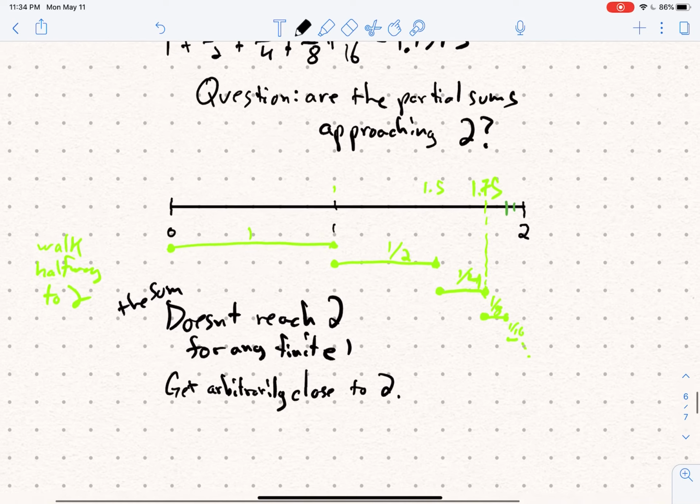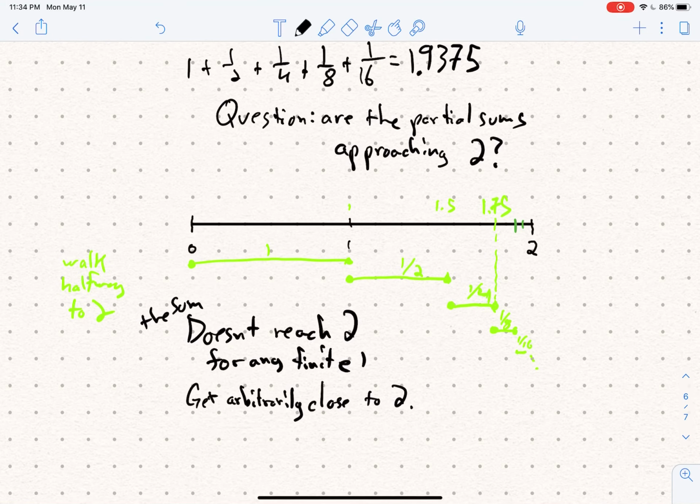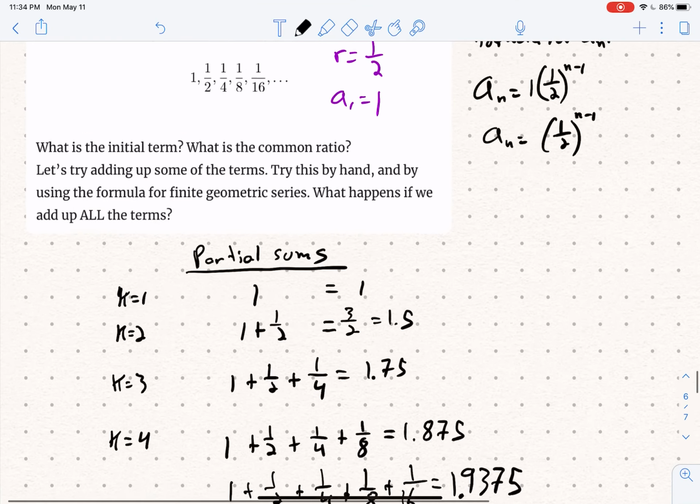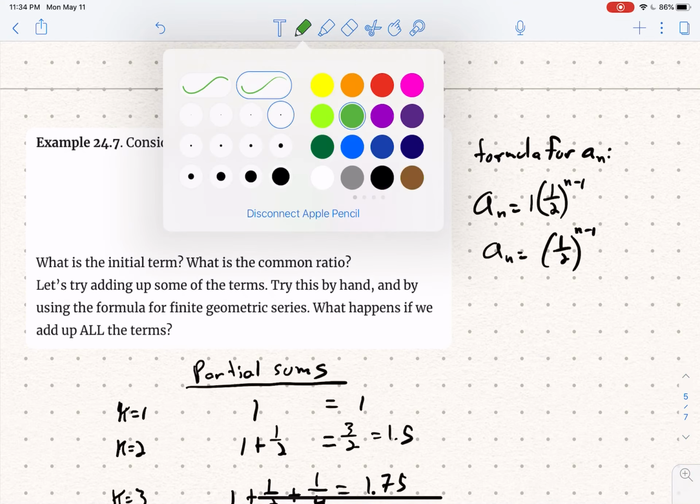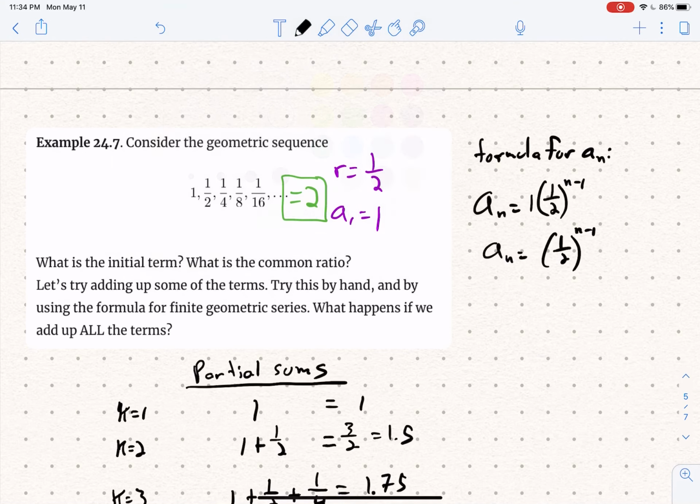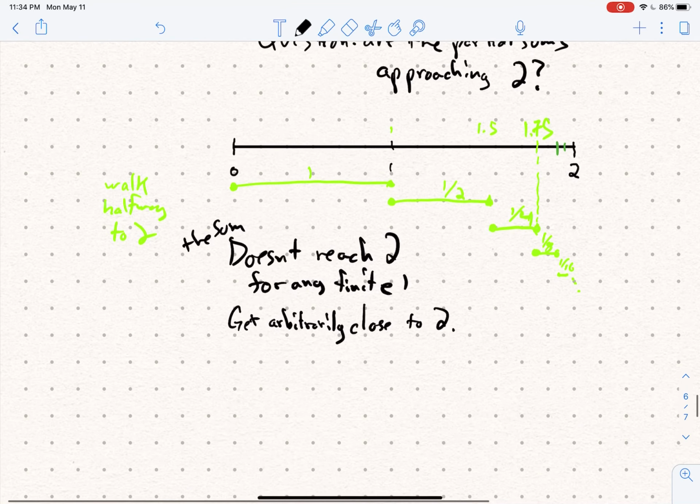I think that when we add up all infinitely many of these things, the answer should be equal to 2. That's my conclusion. So let's go ahead and see if we can make a justification for that answer using the formulas that we had before.